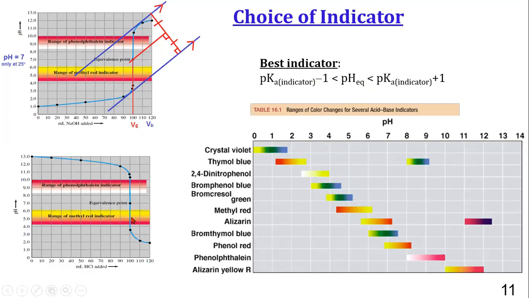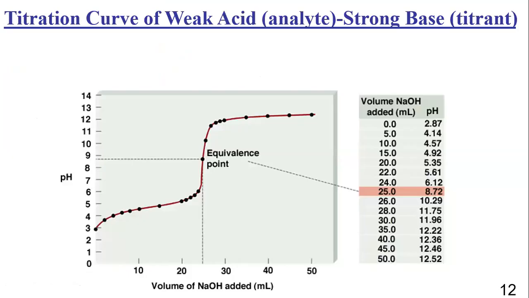Or if that indicator changes its color at the volume of the equivalence point, then you're also okay. Graphically, it's by far easiest to see: if it's within this sharp change in pH, then you can use that indicator. Okay, weak.